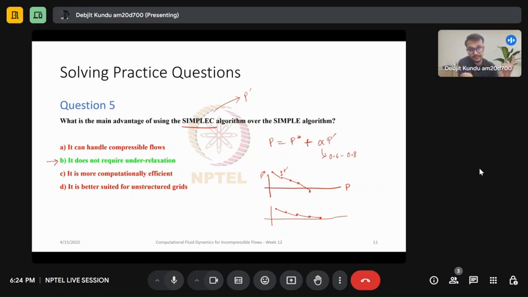So that's why it does not require under relaxation. That's one of the main advantages of the SIMPLEX algorithm. And since we do not need under relaxation, we can achieve the correct solution maybe in fewer steps. Who knows? Because under relaxation definitely slows the convergence down.